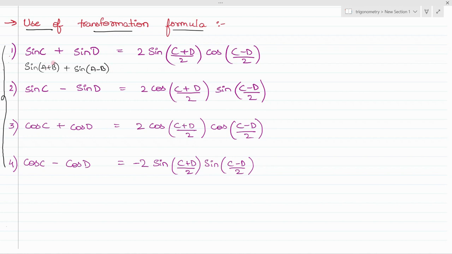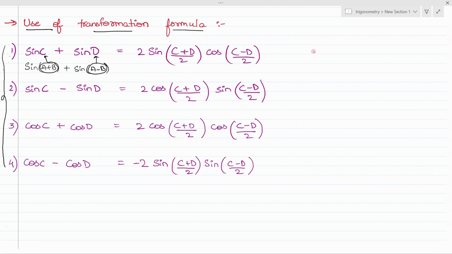Here we need to assume that a plus b is c and a minus b is d. For all these 4 formulas, we need to assume the same thing.